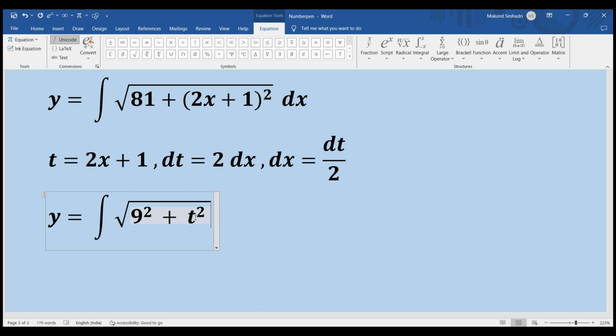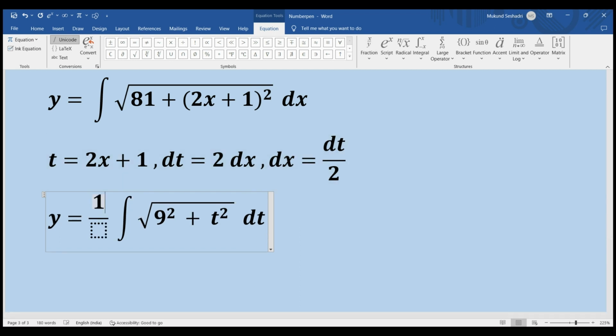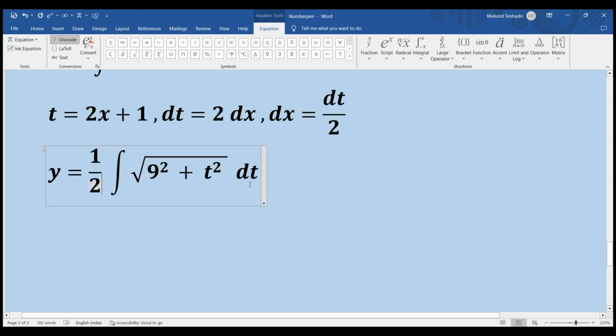And then my dx is dt by 2. So I retain my dt inside the integral, but I take the half outside the integral, right? So that's my y. And I now notice that my y is of the format integral of square root of a square plus x square times dx, just that in place of x I have a t.